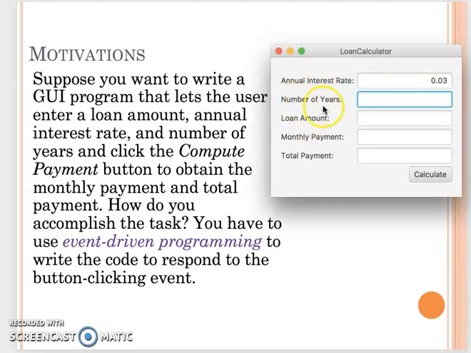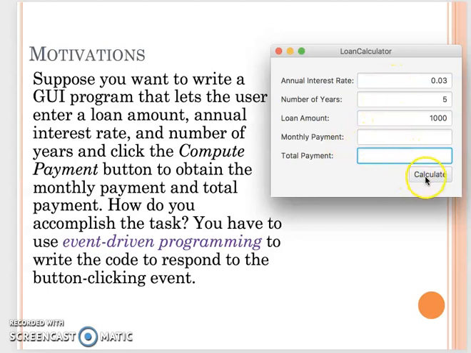For the number of years, you know you will enter an integer for the years. For the loan amount, for example, we will make the loan for $1,000. But when we move to the other fields, the user will find out they cannot type anything. So then you see that's not information they need to enter.